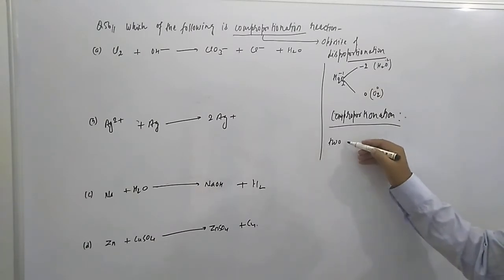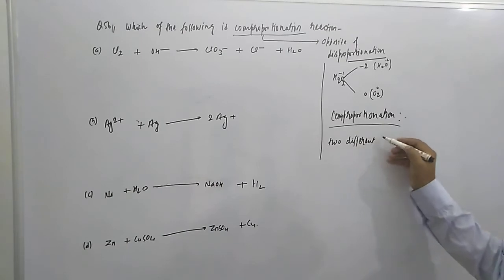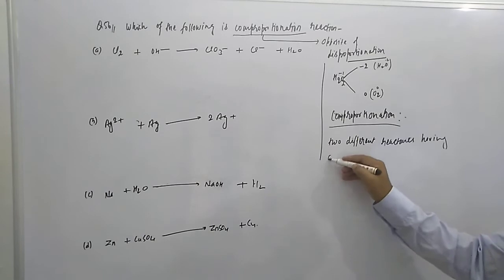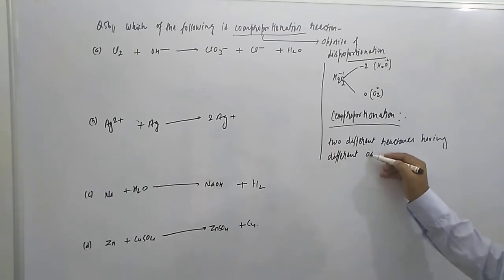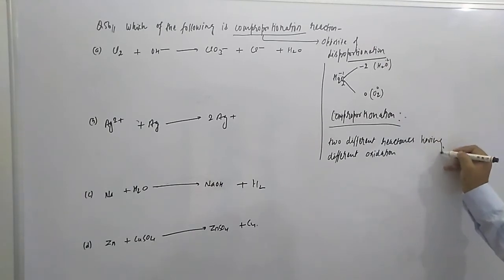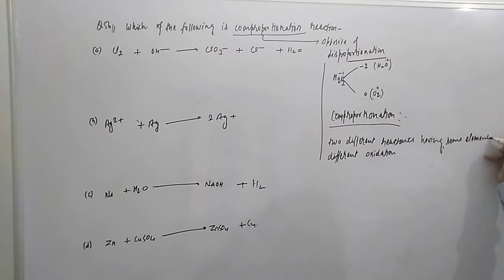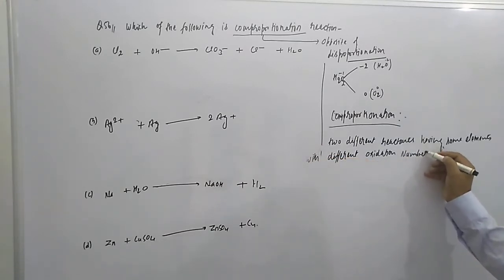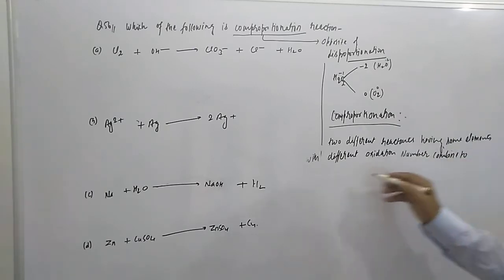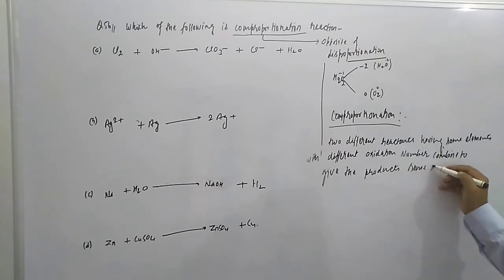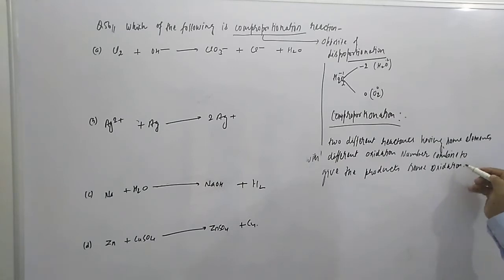Two different reactants having different oxidation numbers, two different reactants having the same element with different oxidation numbers, combine to give the product of the same oxidation number.